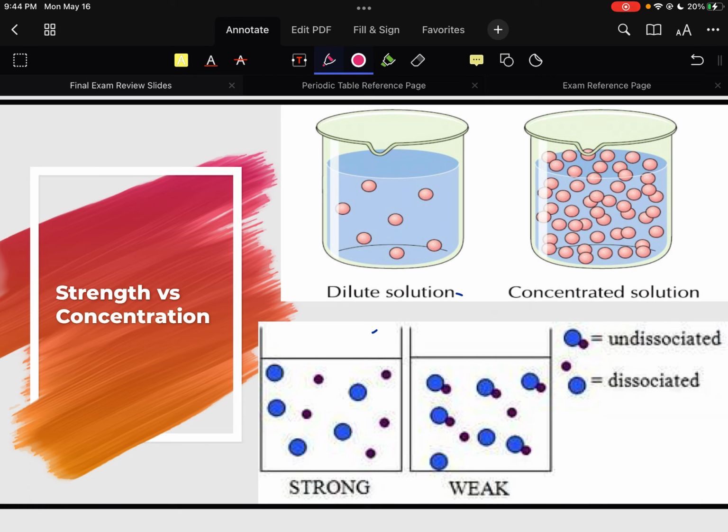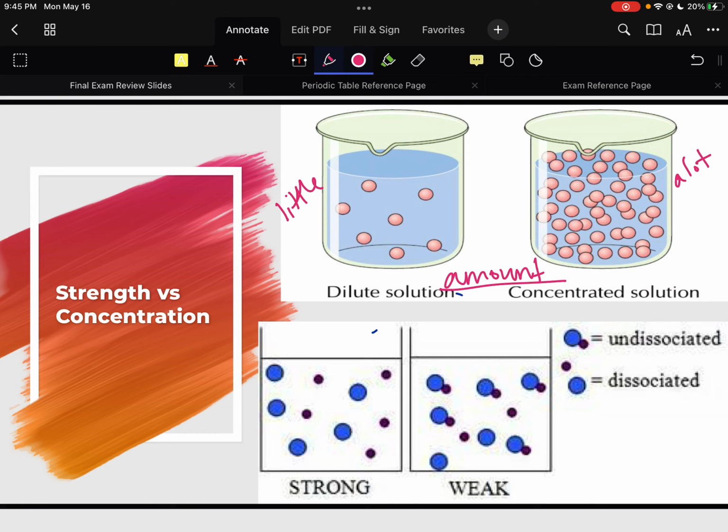Remember, dilute and concentrated, that just has to do with the amount that you have. This was one of the more commonly missed questions on the Unit 4 test. We know a dilute solution only has a little of the solute, and then concentrated has a lot.